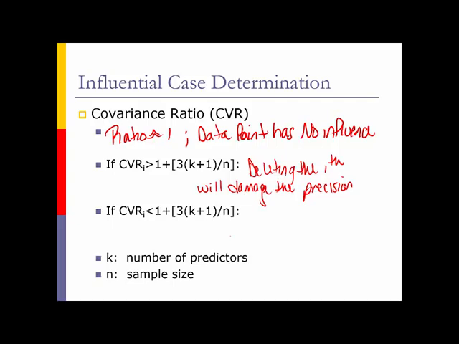And if it's less than that, deleting that data point will improve the precision of our model. So the covariance ratio is something else that we want to look at. We certainly don't want to delete it if it's greater than that, and we would like to delete it if it's less than that. So we do have an influential case.